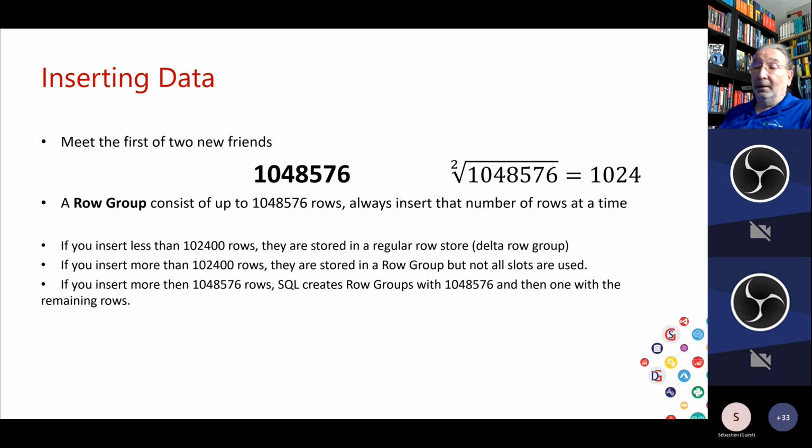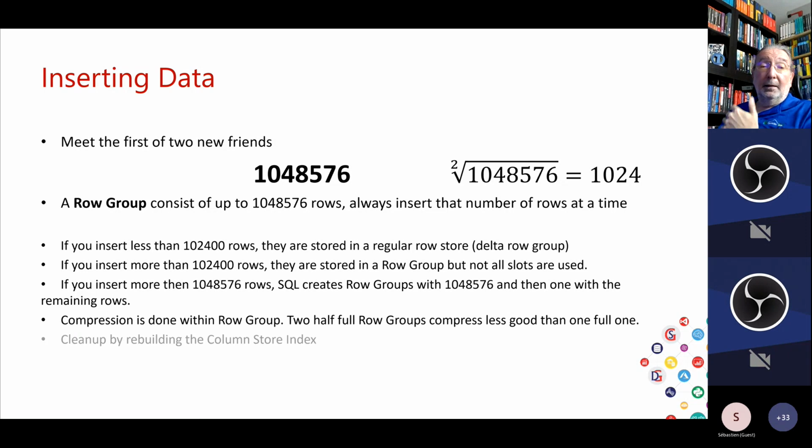Yeah. So the lesson learned here is have some kind of a buffer table where you insert individual rows, and then when you have enough of them, transfer them into the column store. If you trickle the data into the column store, it's really bad.